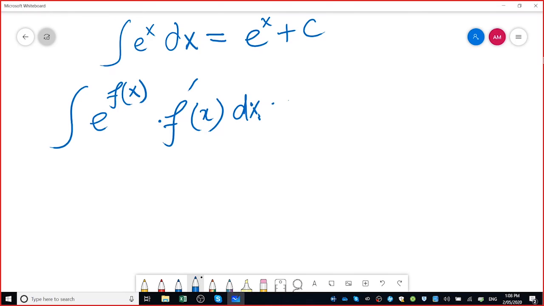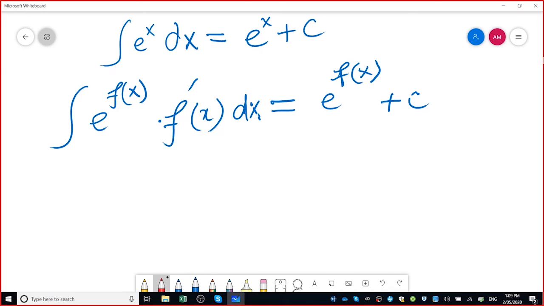Then this thing is equal to e raised to the power of f(x) plus c. Do you know this formula or no?